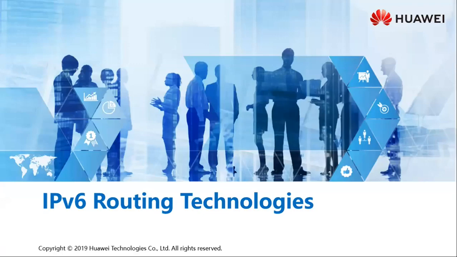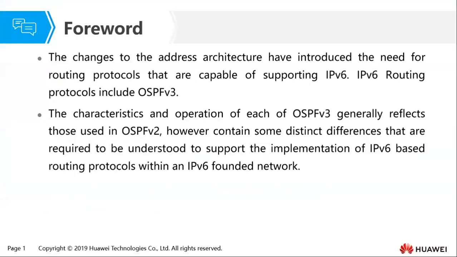So IPv6 routing technologies. Changes to the address architecture have introduced the need for routing protocols that are capable of supporting IPv6. IPv6 routing protocols include what we call OSPF version 3.